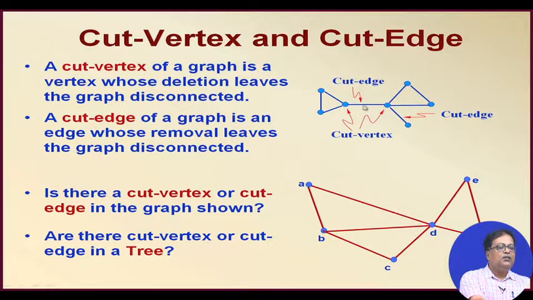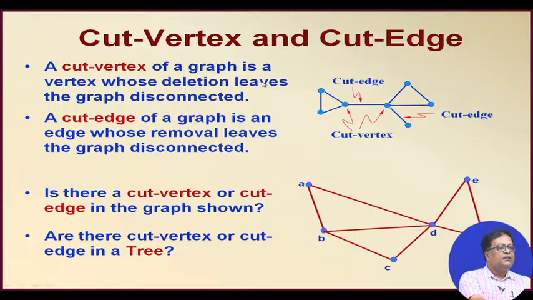So, if there is a failure anywhere in this telecommunication link, then the communication to either this area or this area will be disrupted, because the link is coming through that. So, it becomes so vital, and there is no other alternative to fall back to. So, that is the importance of the cut vertex and cut edge.